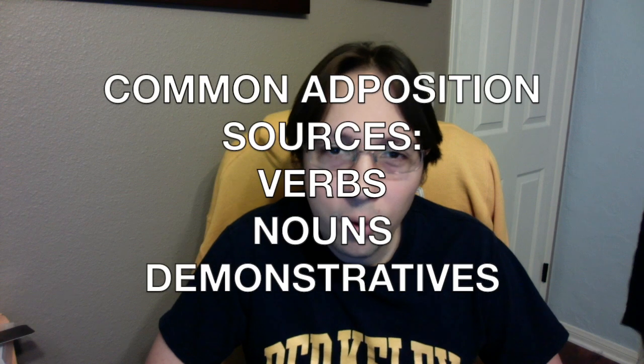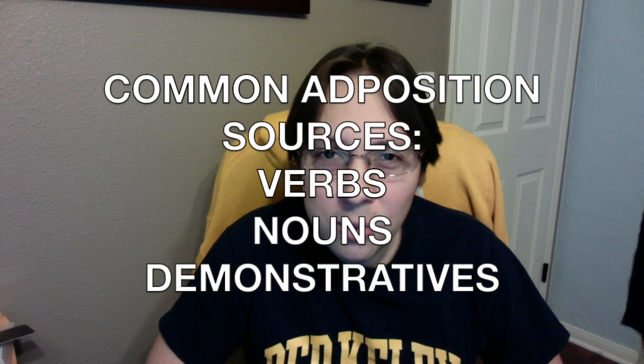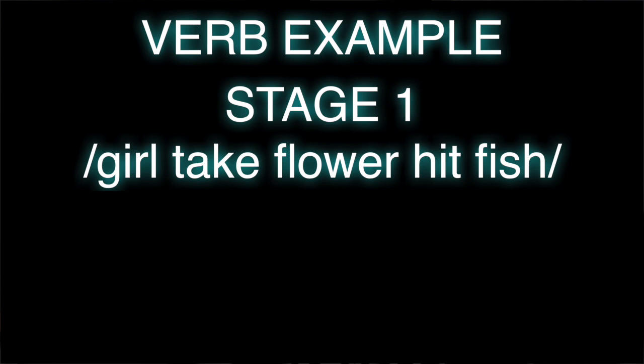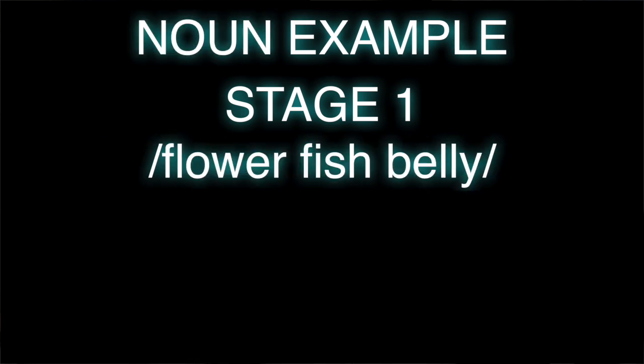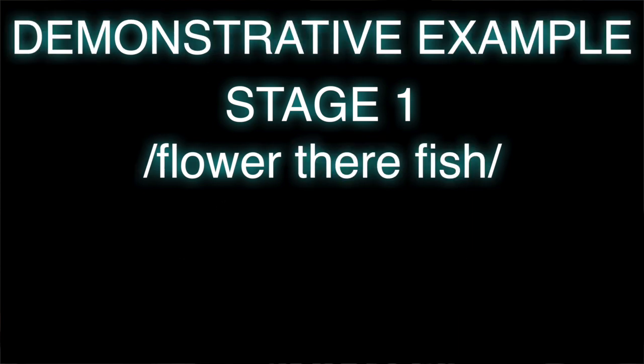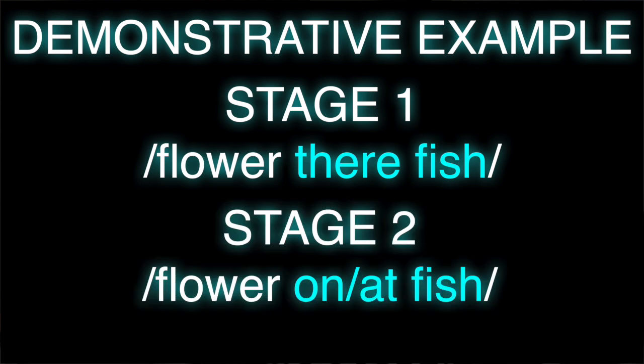To give you some specific advice on this, adpositions themselves, most of the time, come from one of three sources. They either come from verbs, from nouns, or from demonstratives. And the expressions that they come from are typically a transitive verb and object situation, a genitival situation for two nouns, and then with demonstratives, of course, the demonstrative modifying some sort of noun.